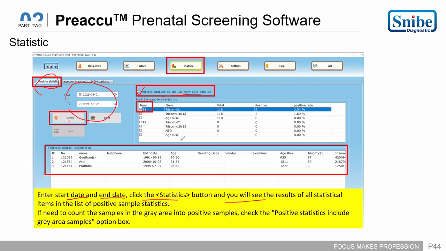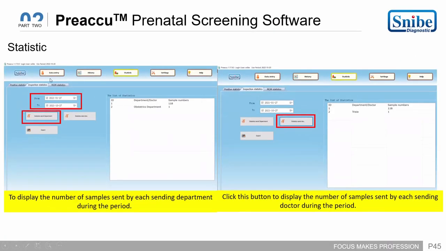If you want to include the gray area samples into the positive area, like if here you have a gray area, and you want to check these gray area samples into the positive statistics, you have the option of including them with this box. The prenatal statistics also display the number of samples sent and the duration of each sample during this period.